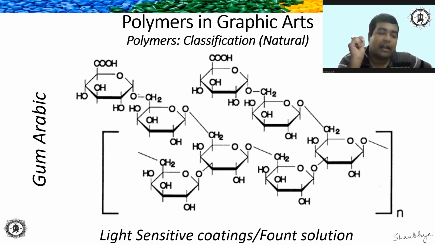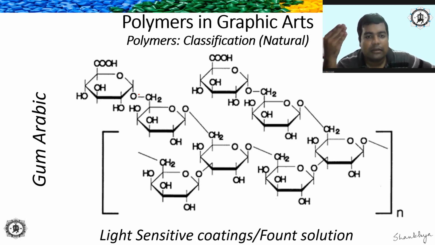Now, what is fountain solution first of all used for? I'll be talking about fountain solution and its various properties and functions in the coming lectures, but just to briefly point it out, fountain solution is used to give a uniform coating, as I told in the previous lecture also, on top of the non-image area, so that it will refuse the ink in the non-image area.